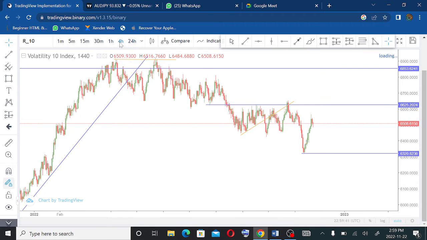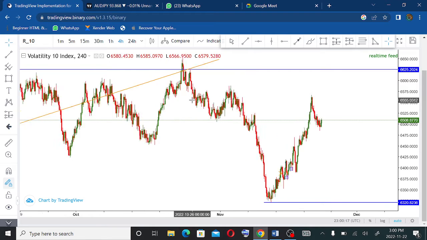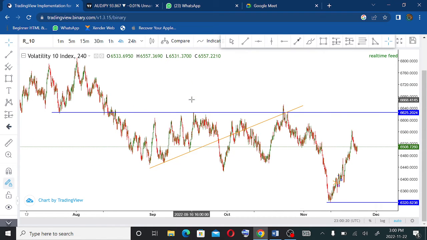So all we can do now is go down to the lower time frame, which is the fast time frame.